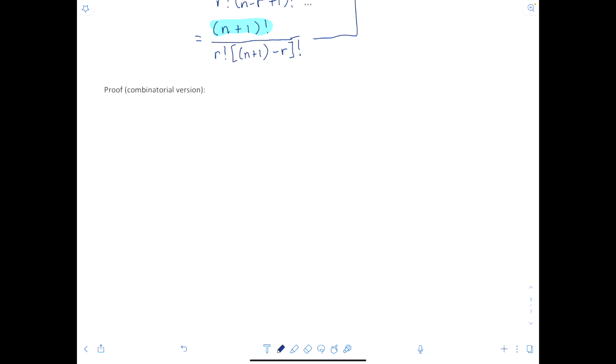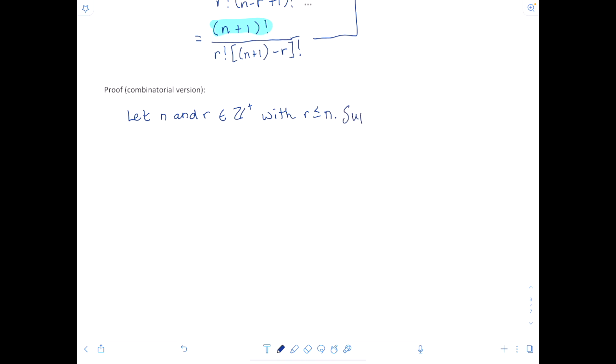What we would do is, again, we want to let n and r belong to the positive integers, with r being less than or equal to n.